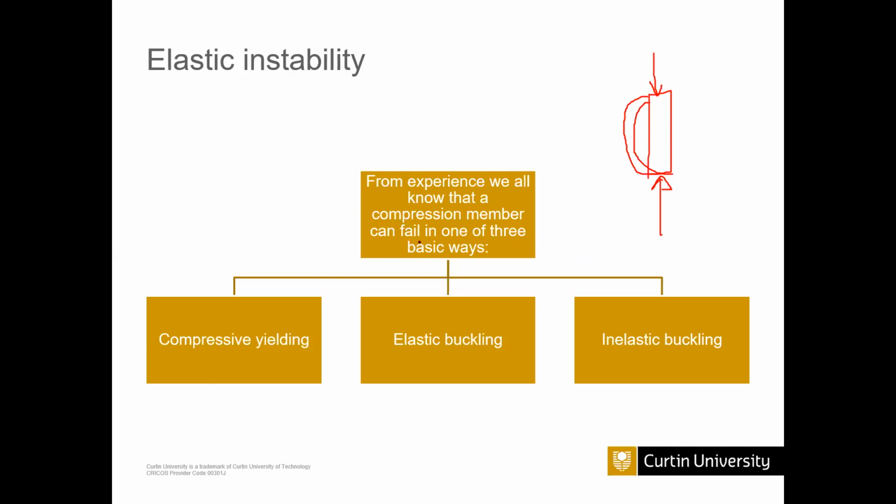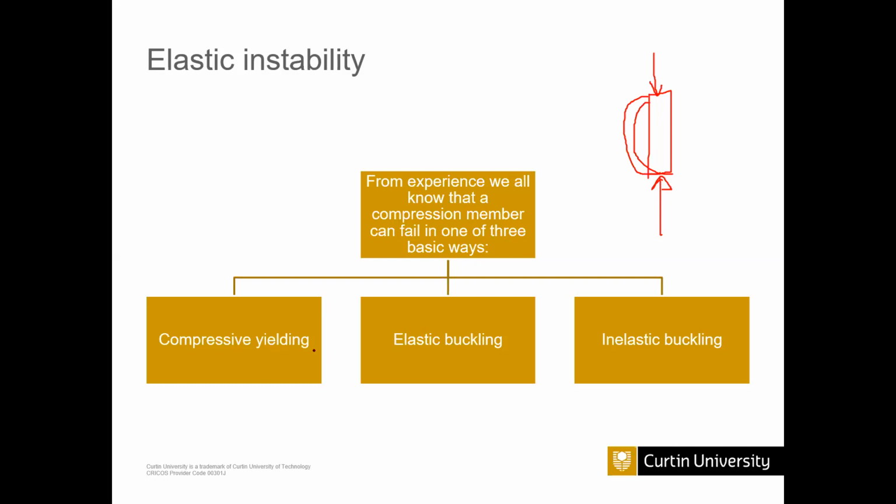That's why there are three ways. One way is compressive yielding. It will not buckle; it will be compressed and break, like tensile yielding, where you know the necking and cup and cone failure. Likewise here, compressive yielding means it will crush when we apply the axial load.